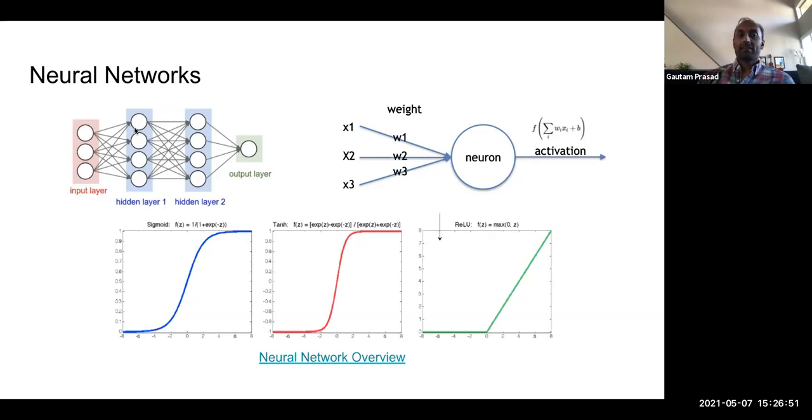And then once all of those values are combined, typically there's some type of activation function. That activation function could be just weighting it as one, basically doing nothing at all. But oftentimes it's some kind of non-linear function applied to it. And so on the bottom here are three very common non-linear functions: a sigmoid, a tanh, and a ReLU.